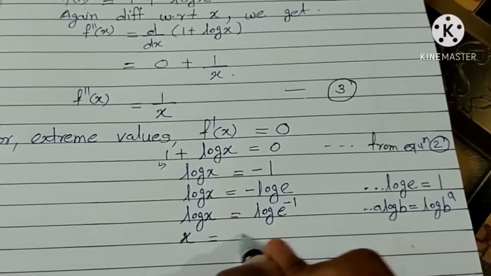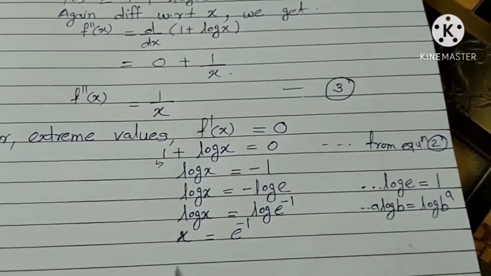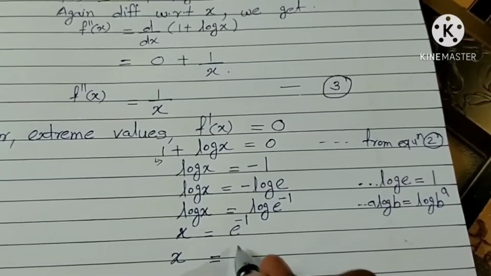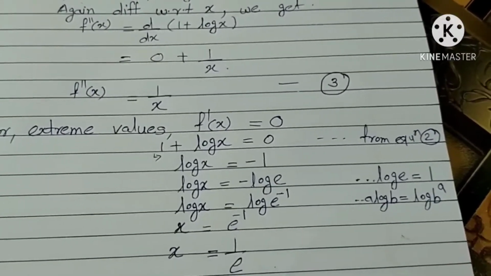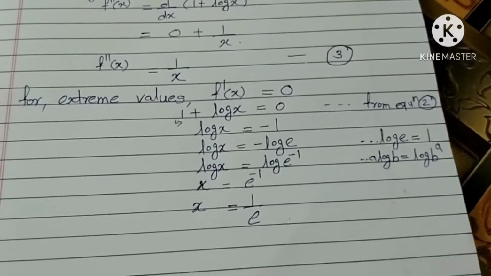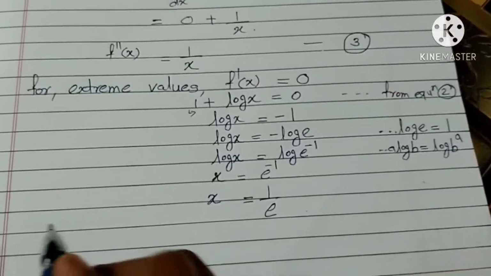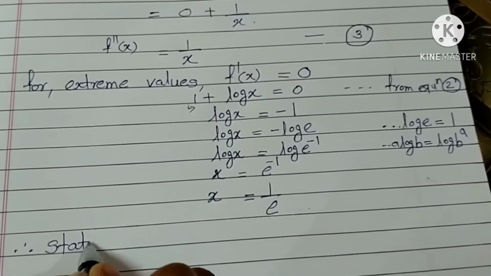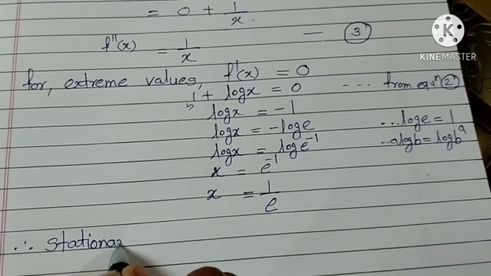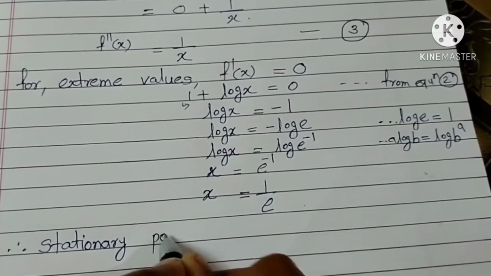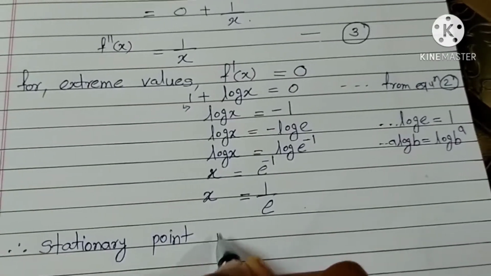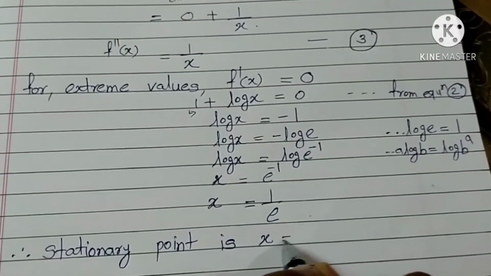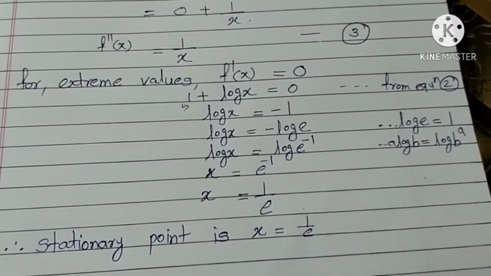So x is equal to e raised to minus 1, that is x is equal to 1 upon e. So this is our stationary point. Here we get only one stationary point. Therefore, the stationary point is x is equal to 1 upon e.